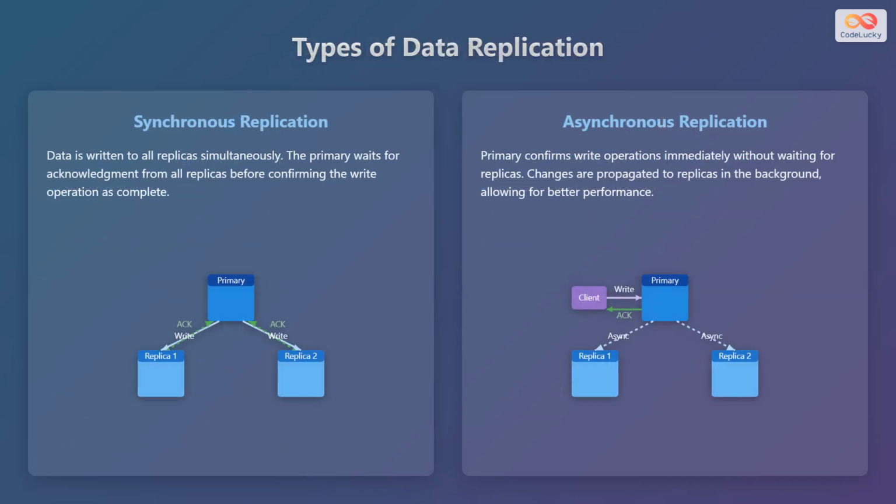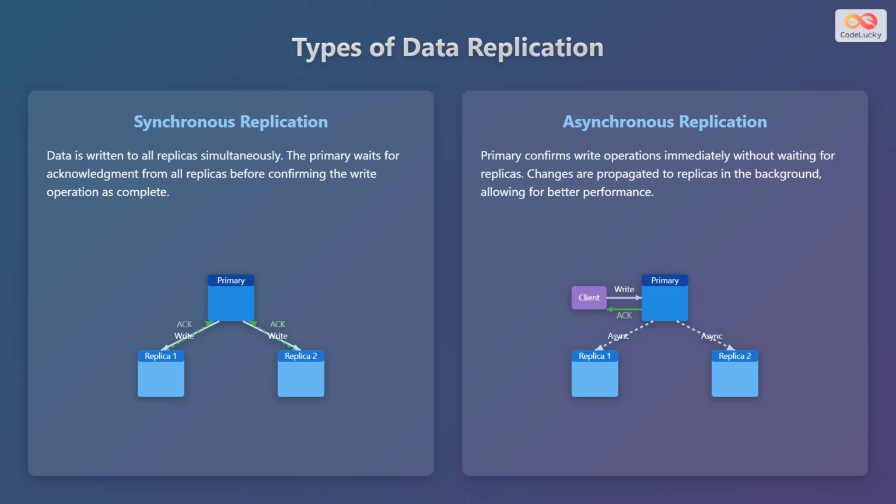There are two main types of data replication: synchronous and asynchronous. In synchronous replication, data is written to all replicas simultaneously, and the primary database waits for acknowledgement from all replicas before confirming the write operation as complete. This ensures strong consistency but can introduce latency.